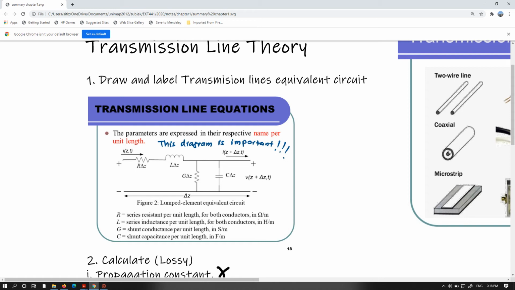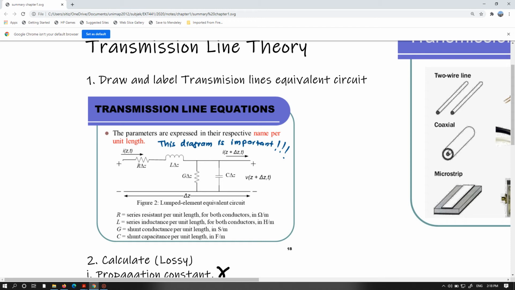This is usually a lossy transmission line, meaning that this transmission line has a loss. How do you know whether this transmission line has a loss or not? Because it has the resistance and also the shunt resistance, R and G. So when a signal goes through this transmission line, because it has resistance, it will make your signal attenuated.